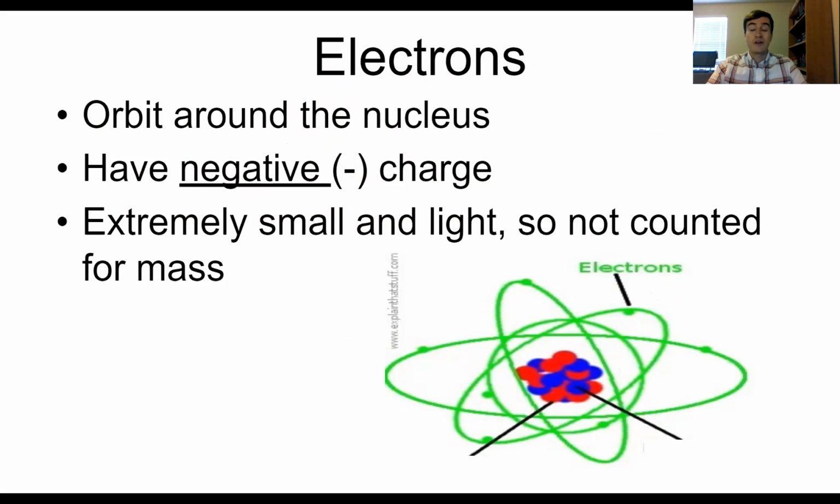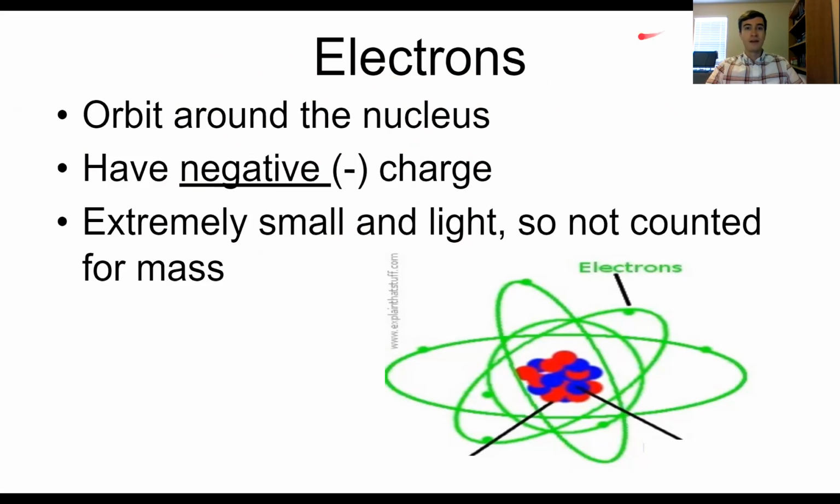So the way I like to kind of remember it for these guys is that electrons is where we get the word electricity from. And so if you get hit with electricity, that's bad for you, right? That's not going to be very fun. That's a negative experience. So electrons are negative. They carry negative charges, and they're what's responsible for electricity, which if it hits you, you're going to have a bad time.